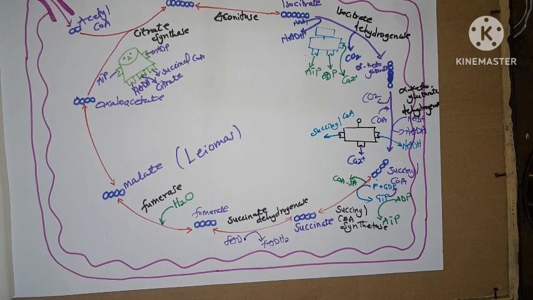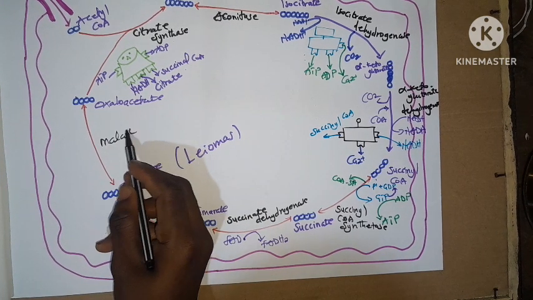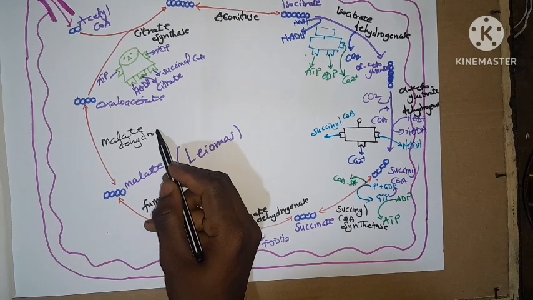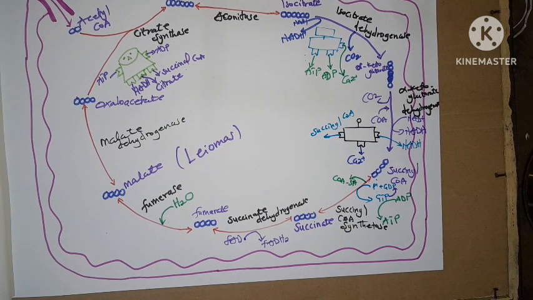And after we made the malate, an enzyme known as malate dehydrogenase will come in and convert this malate to oxaloacetate.